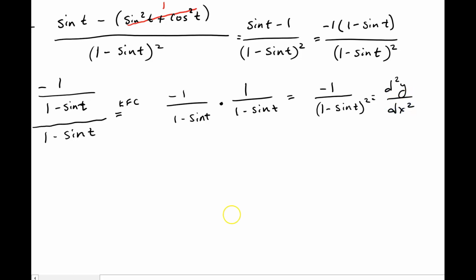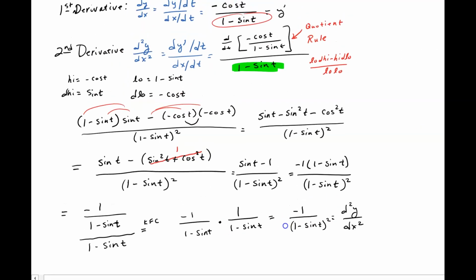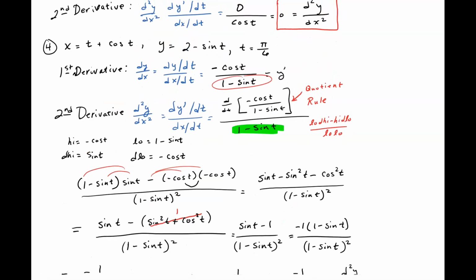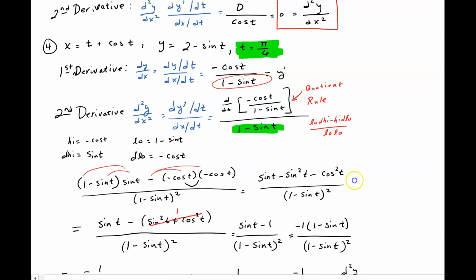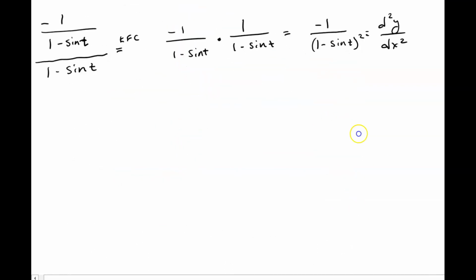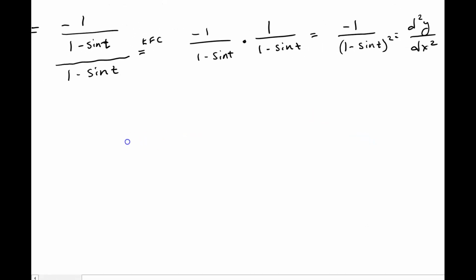All right, that part is done, but let's go back to the question. They want us to evaluate this at t equal pi over 6. That's the last and final step. So we're going to say d2y over dx2 evaluated at t equal pi over 6. What does that look like for us?